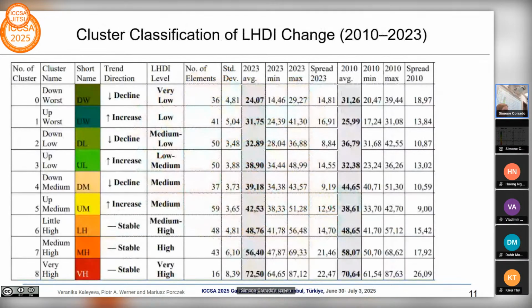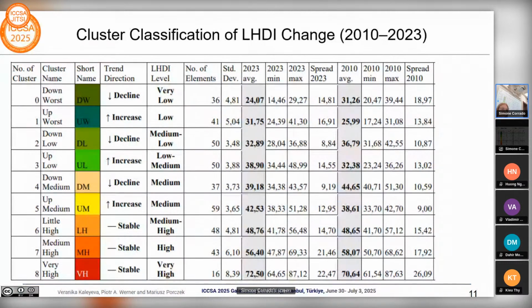Our next step was a cluster analysis, and we created a cluster classification of counties with similar local development values and trends. There are three main groups. The green group refers to low development, the red group refers to high development, and all the others are in between, let's say.